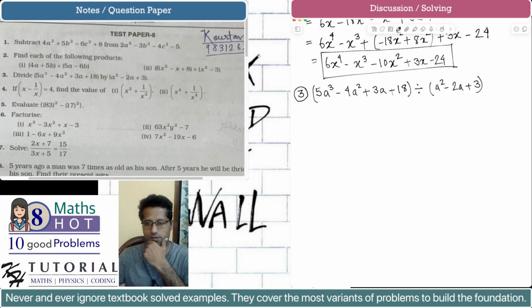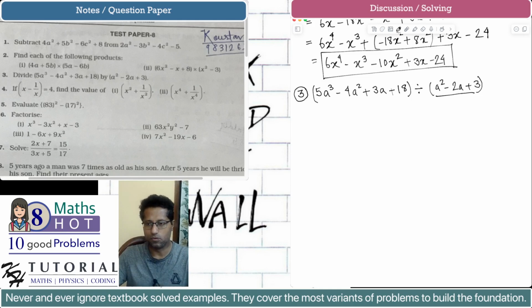But in this problem, I do not think I can factorize the divisor a square minus 2a plus 3, because I won't be able to find the two numbers a and b whose sum is minus 2 and whose product is 3. So this cannot be factorized.